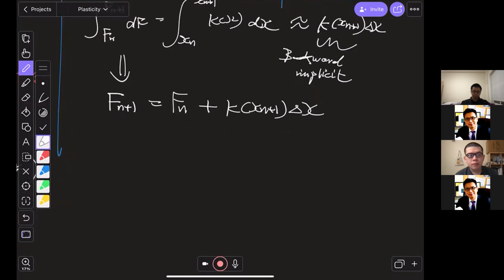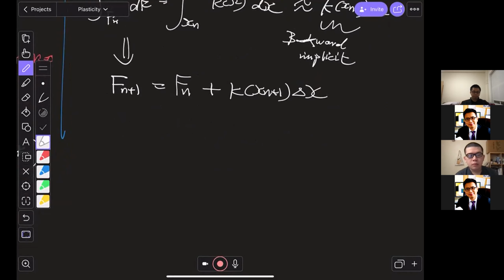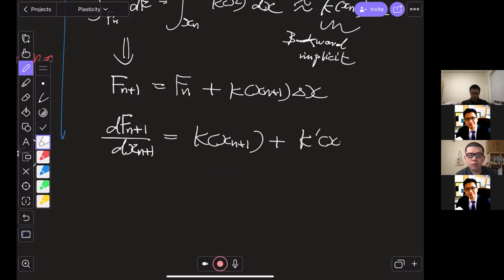Now what we need to do is simply solve the system. So now think about one thing. If I take a derivative again, what would happen? If I take a derivative of F(xn+1), but this time the derivative is with respect to xn+1, then what I would have is K(xn+1) plus dK/dx(xn+1) times delta x.